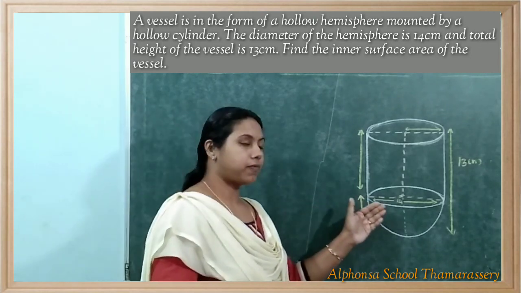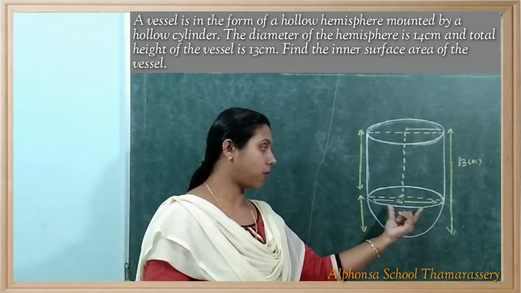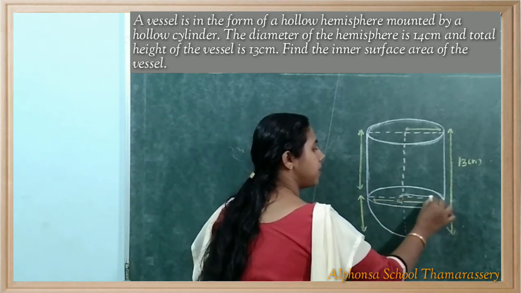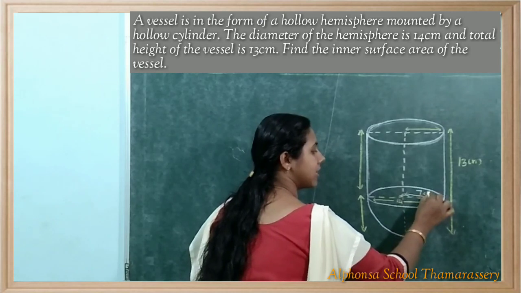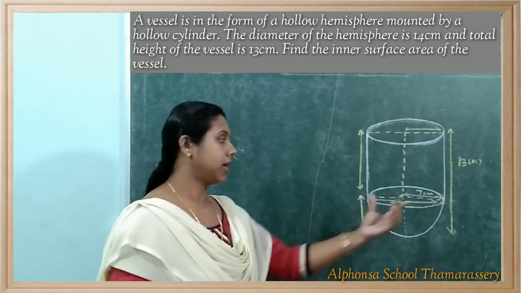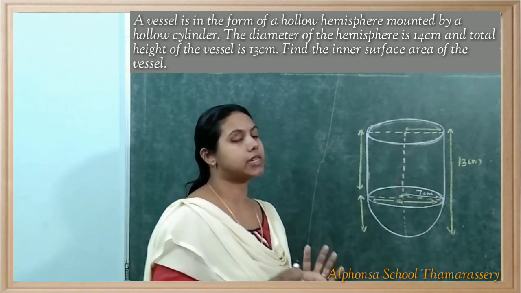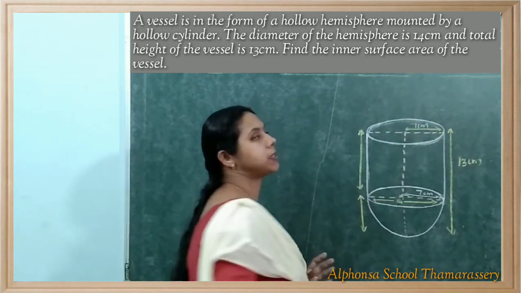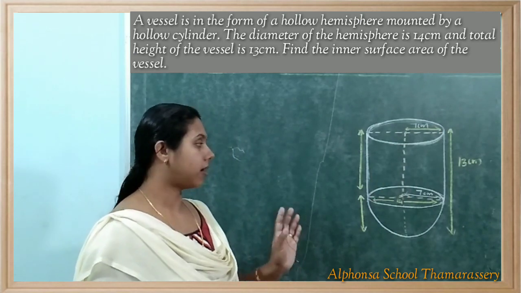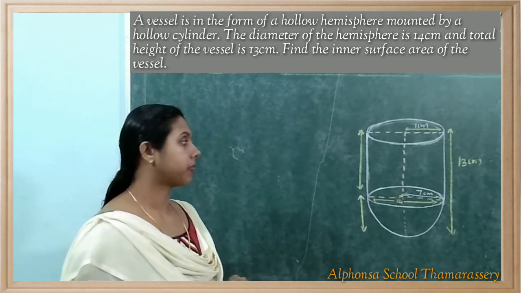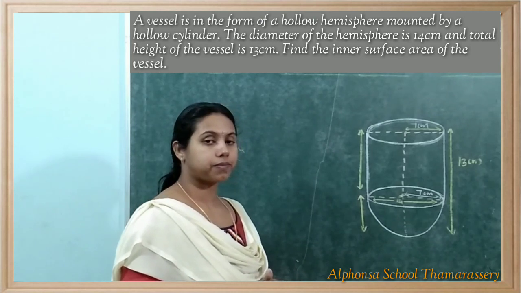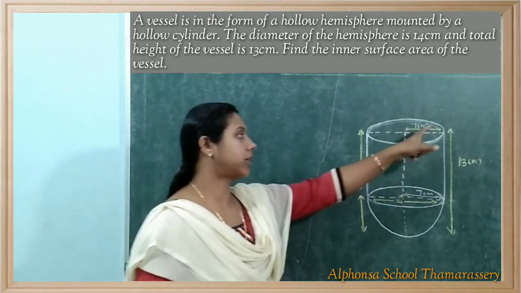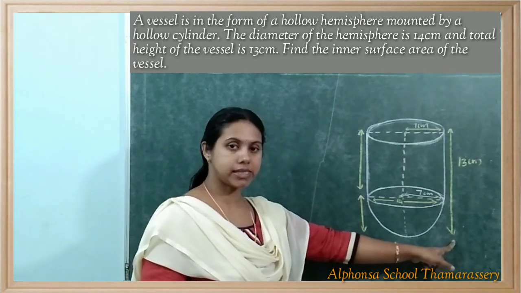Here the diameter of the hemisphere is 14 centimeter. Then what is the radius of the hemisphere? That is equal to 7 centimeter. That radius is the same as the radius of the cylinder. The total height of the vessel is 13 centimeter.